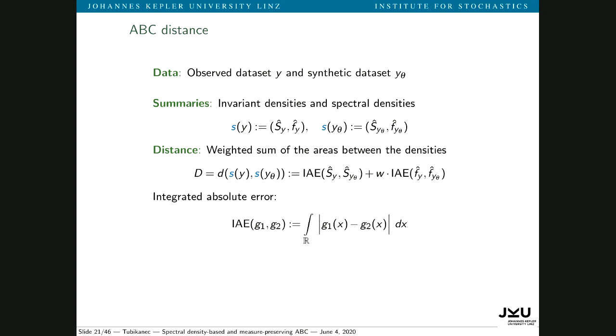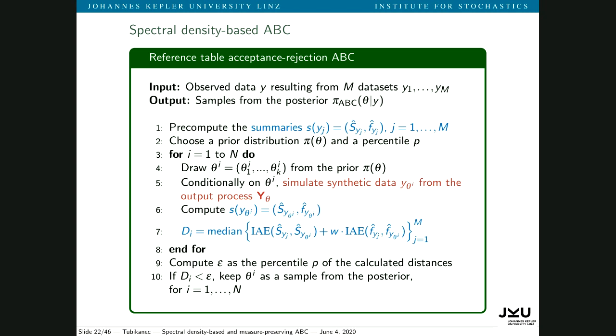Okay, so let us recall what we have and take a look again at the algorithm. I also want to mention a further detail for completeness, because in our experiments we actually observed M datasets corresponding to M paths of the output process.